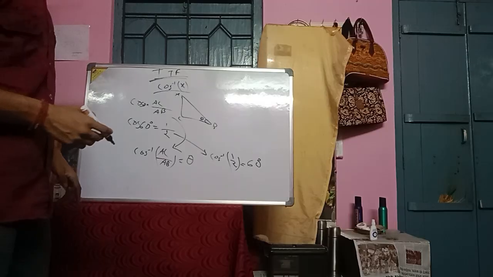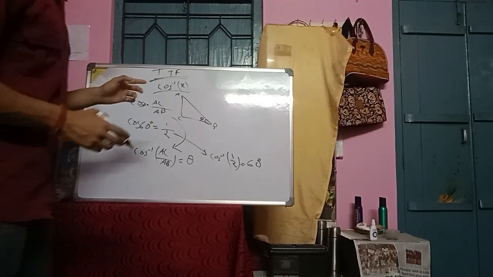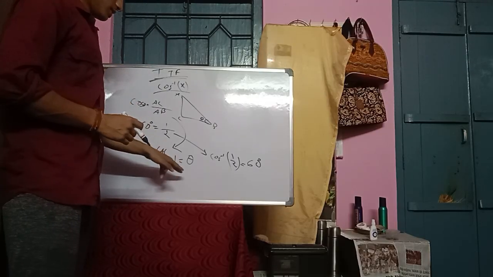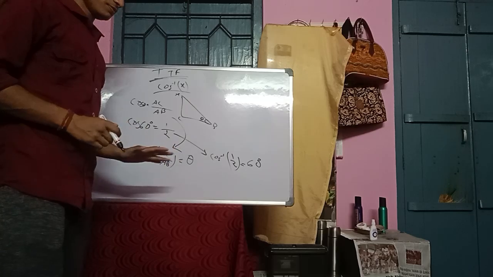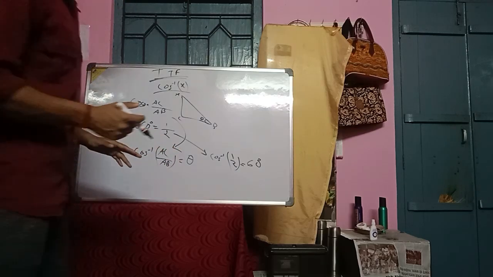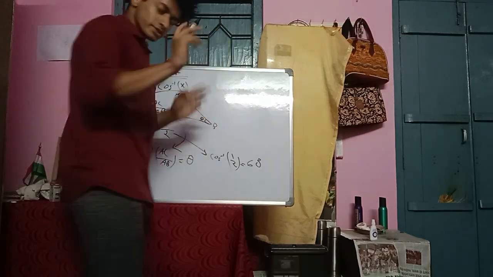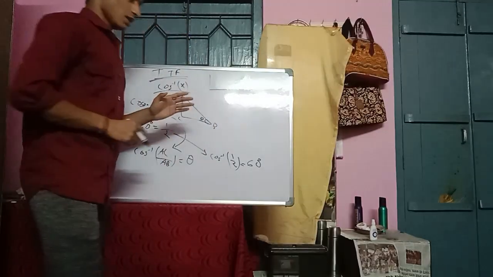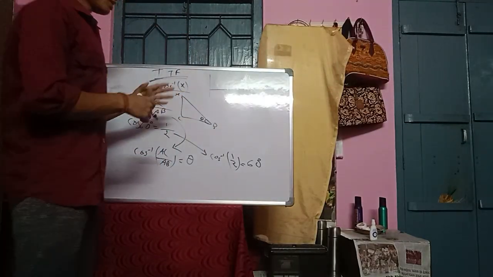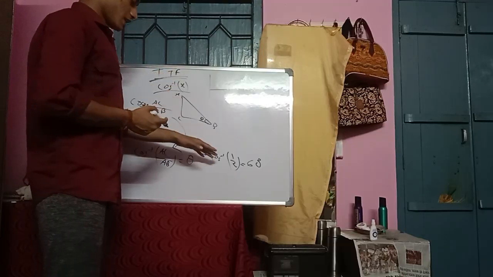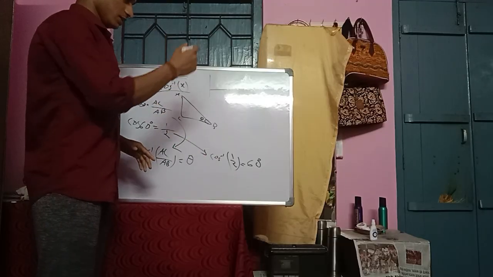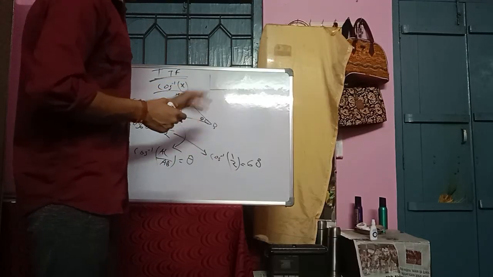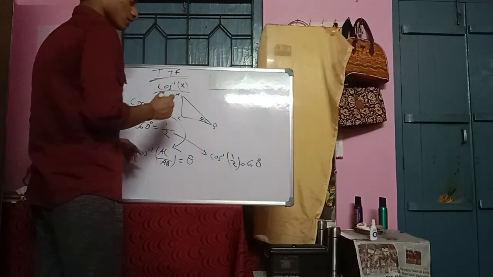The only problem is that this is not completely true. As I told you in the previous video, the first two trigonometric functions, sine and cosine, are cyclic functions. That means their output just keeps on showing up again and again in a cyclic format. The graph of the cosine function looks something like this.